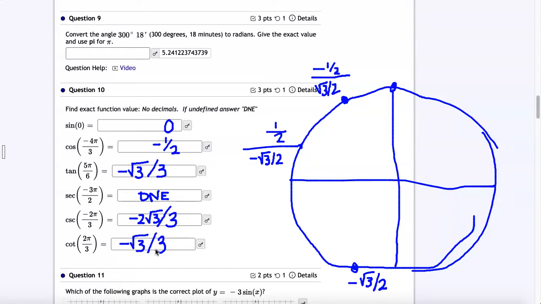Go find unit circle practice on the internet if you need to, and I would repeat this question in particular. You get 100 versions of this practice test. So if you can go back through this 100 times and just keep repeating question 10 until you can get all of these right in a short amount of time, that would be a good way for you to get through this.